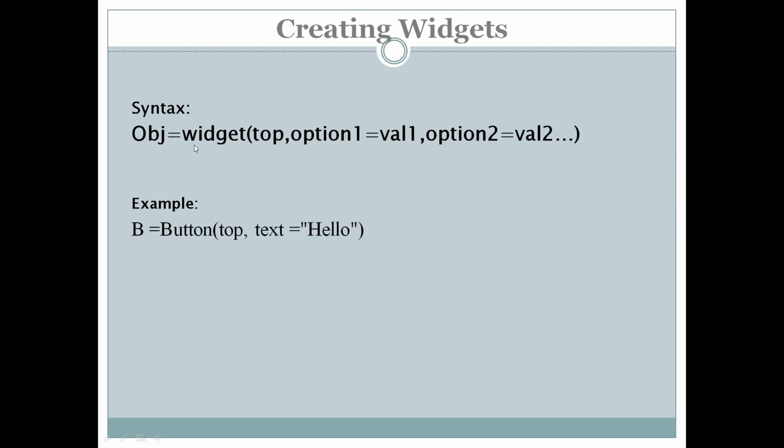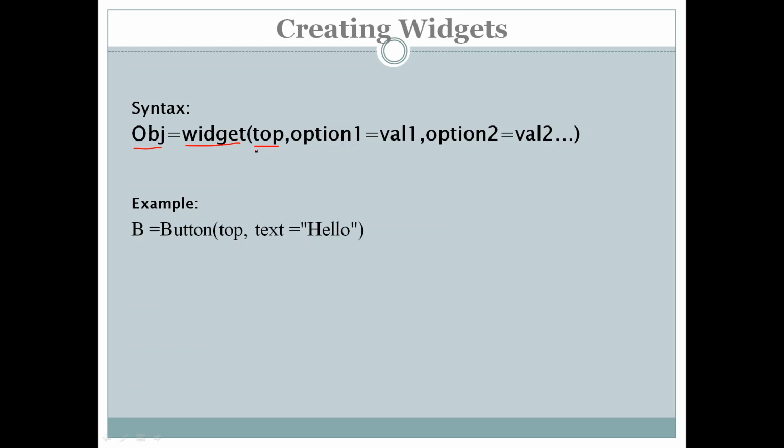Next, creating widgets. Now we have created the GUI, that is a top level window. How can we create widgets, meaning different controls like a button or a label or the other components? Now the syntax to create widgets is: object is equals to name of the widget, then in round brackets we need to pass certain parameters.